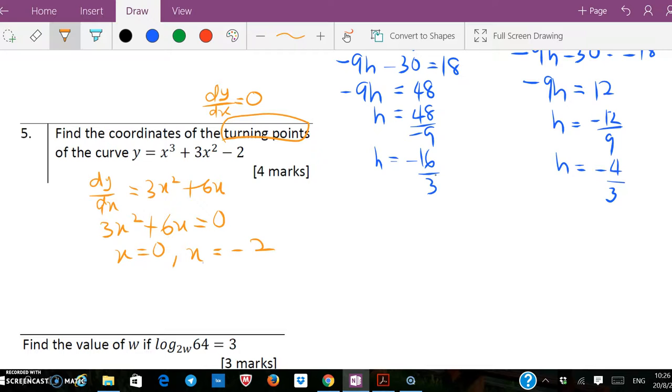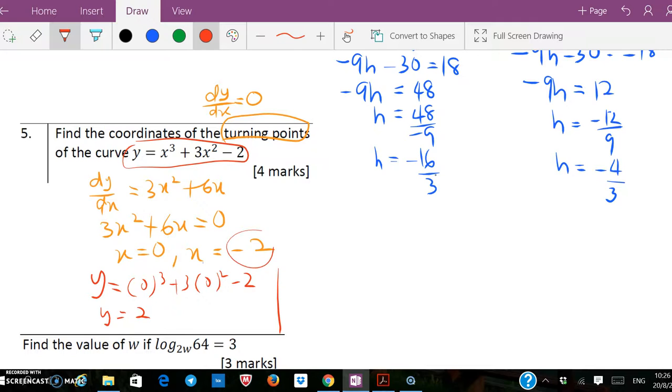Finding the coordinates of the turning points means that when x is 0, you substitute back into this equation to get the y value. So y equals 0 power 3 plus 3 times 0 power 2 minus 2. So y is -2. Then we repeat for x is -2.